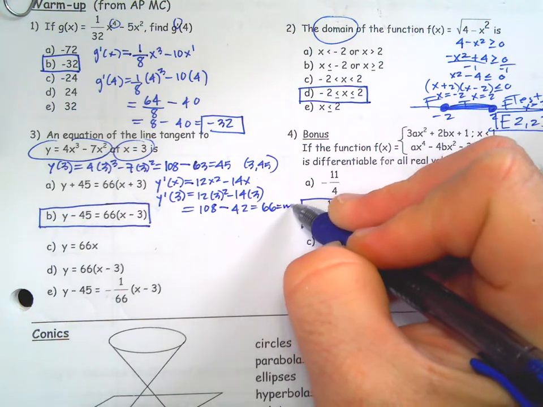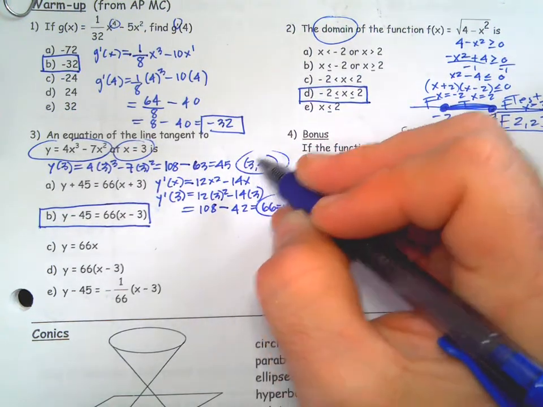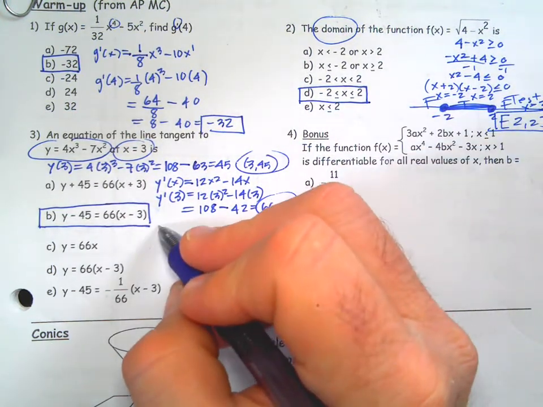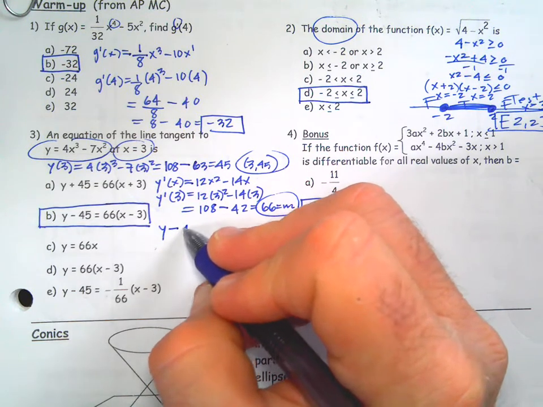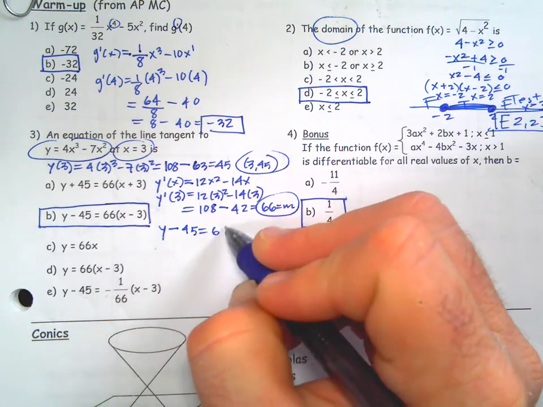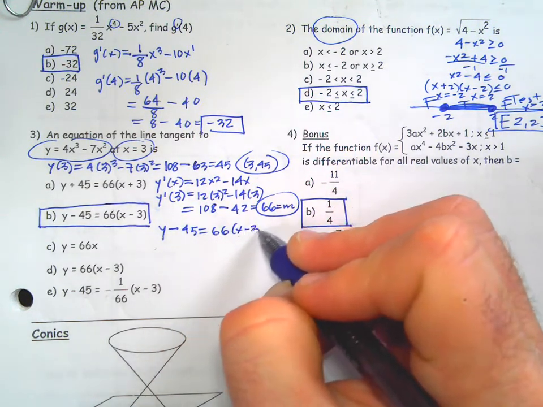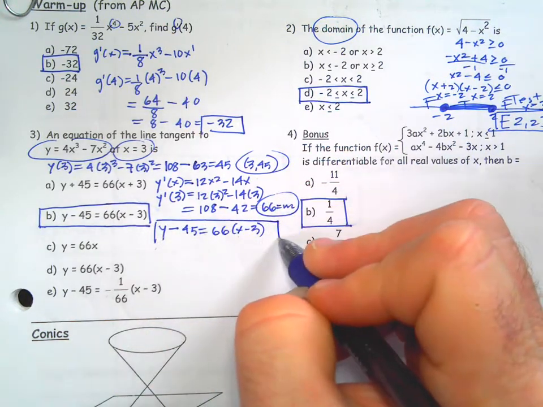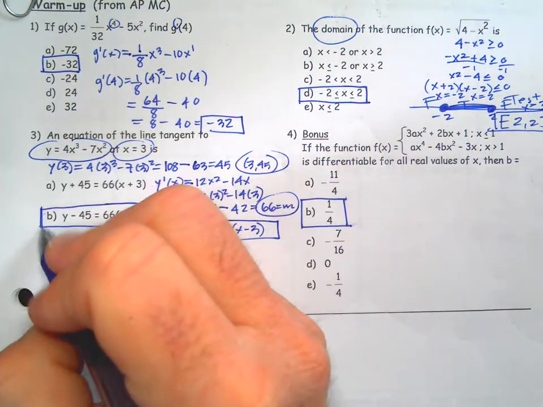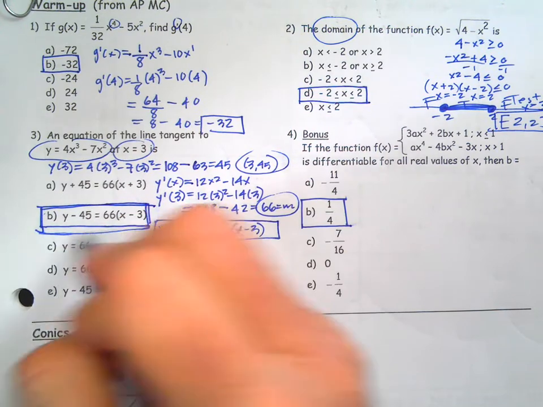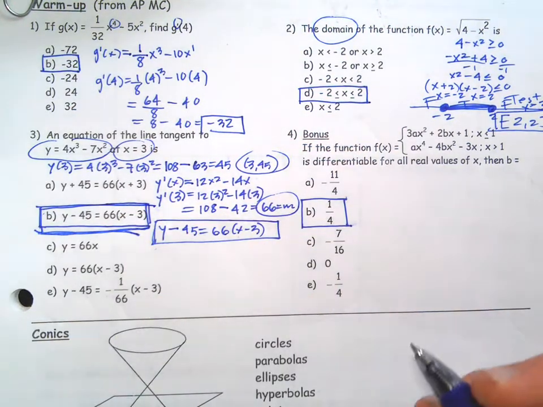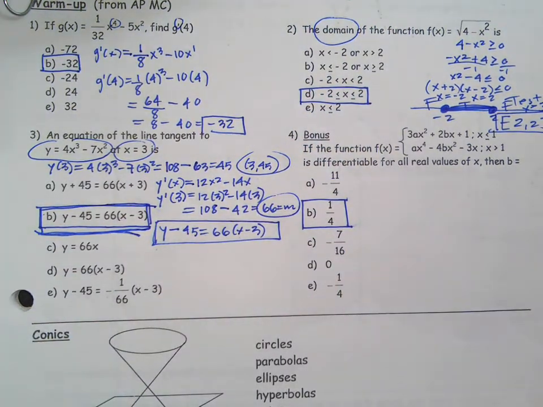That is your slope. And so you have everything now to write the equation of the line. Point slope form: y minus 45 equals 66 times x minus 3. Point slope form is good enough for free response, and it is good enough for multiple choice if it's on there. So that's it.